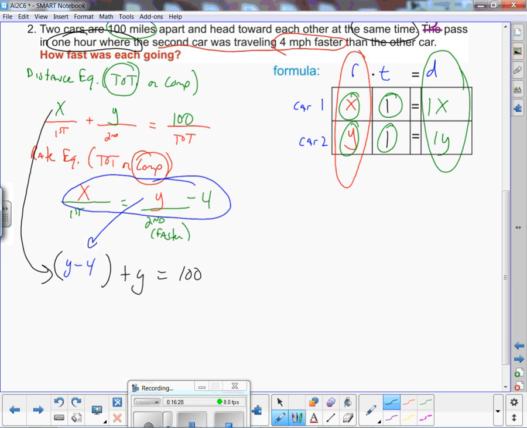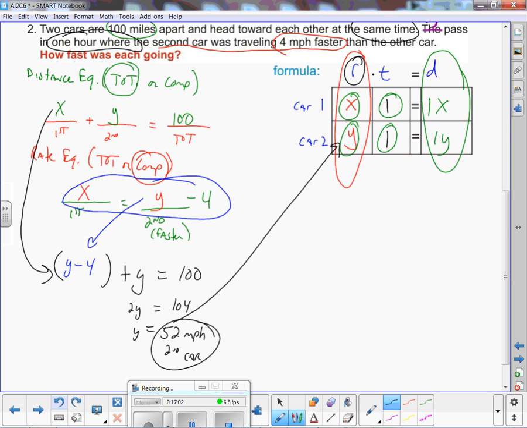So what do we end up with? 2y equals 104 and y equals 52. Now, it's always important to know what the 52 is. Go to your charts. 52 is the rate of car 2. So 52 miles per hour is the second car. Whoops, second car. All right.